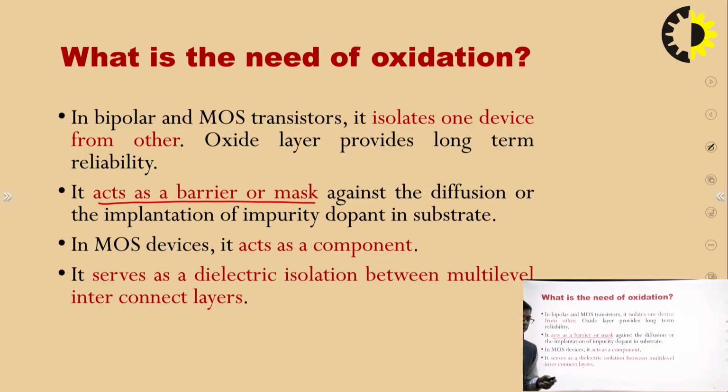As we have also discussed in the case of lithography, we create windows in the substrate, so that at the desired locations doping can take place, and in all other areas where windows are not cut, doping cannot take place, because there is a silicon dioxide layer over the surface of the wafer.